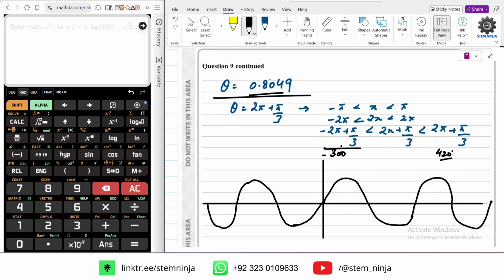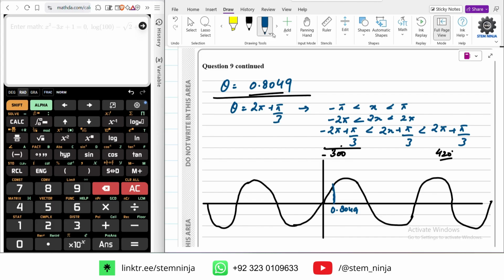Right, okay. So the first answer is coming as 0.8049, which is less than pi by 2, right? Yeah, so less than pi by 2. So the first answer is actually coming over here somewhere. 0.8049 radians.